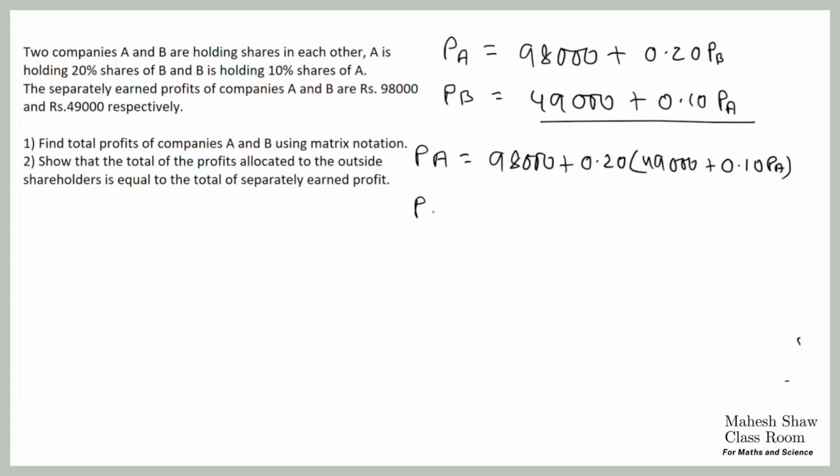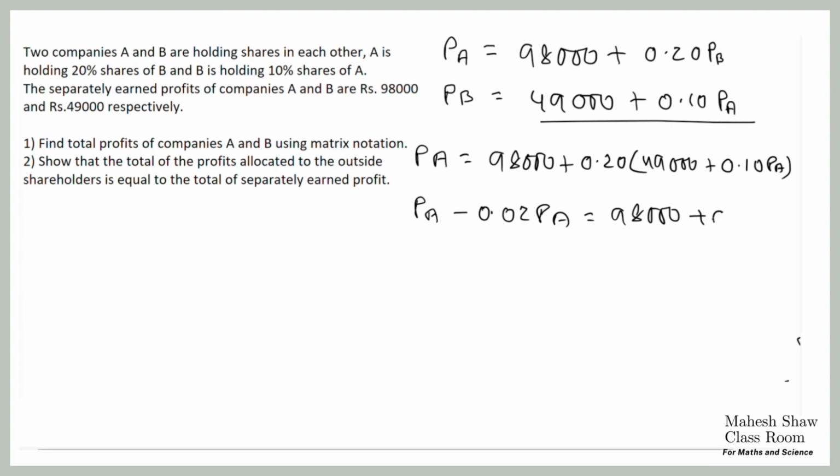Opening the bracket and transposing to the left hand side, we get 0.02 of PA multiplied by this. On the right hand side, we have 98,000 plus 0.20 into 49,000, that is 98.